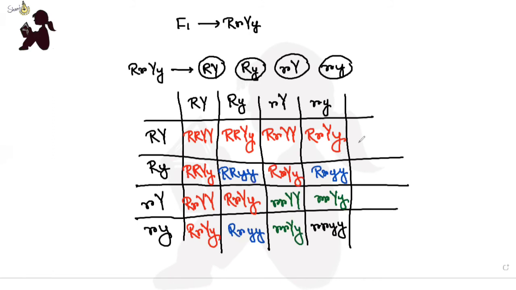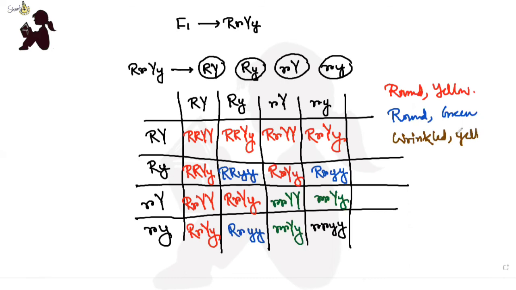Here the red ones represent the round yellow. The blue one represents the round green. The brown one represents the wrinkled yellow, and lastly the black one represents the pure recessive, means the wrinkled green.